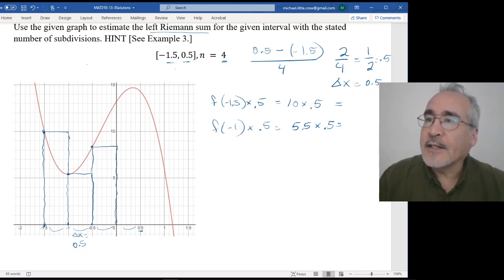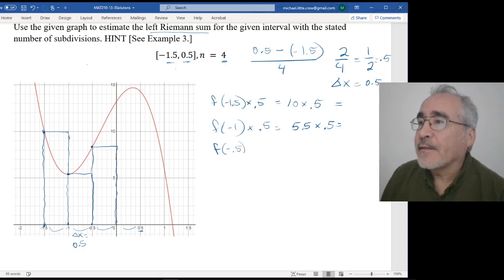Notice on this side it's an underestimate, that side it's an overestimate. But that's just how it is. Okay, so now what is this value? This is 5, 6, 7, 8. Not quite a half. Let's call it f of negative 0.5 times 0.5. f of negative 0.5 is going to be 8.4.